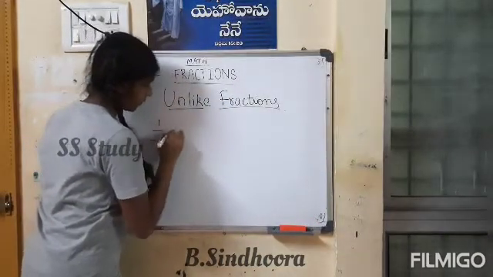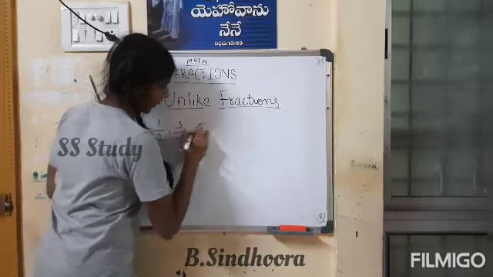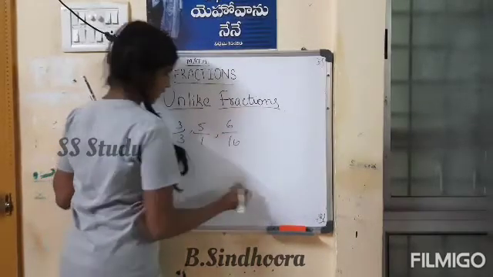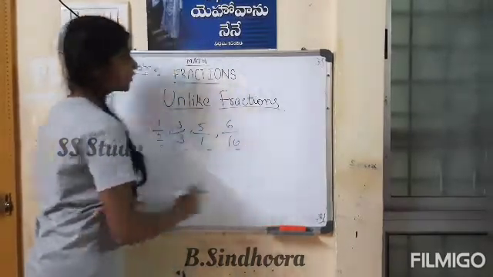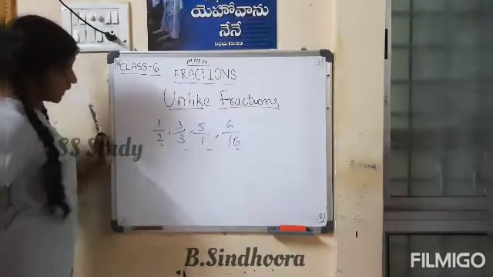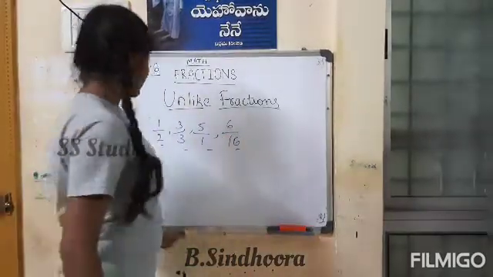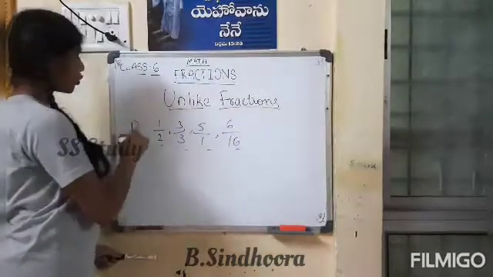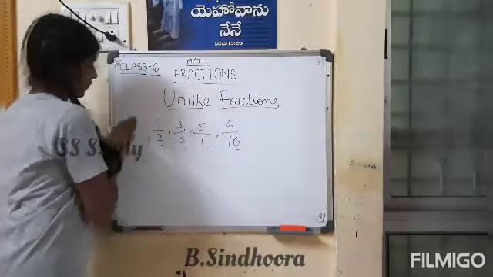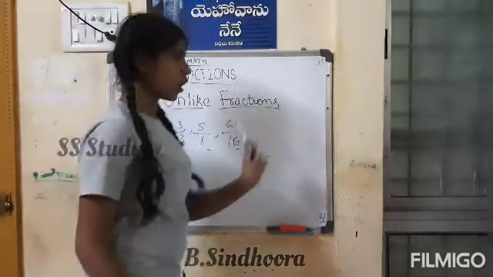In the groups, 1 by 2, 3 by 3, 1 by 1, 6 by 10, 2, 3, 1, 10, and 6 by 16 have different denominators. This B group is okay. This C group has different denominators.